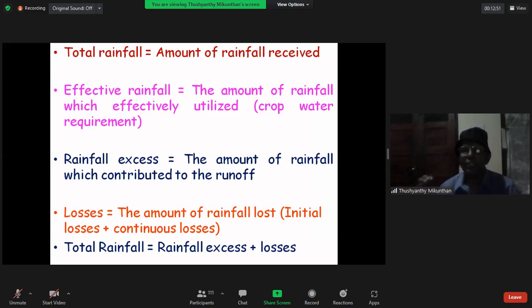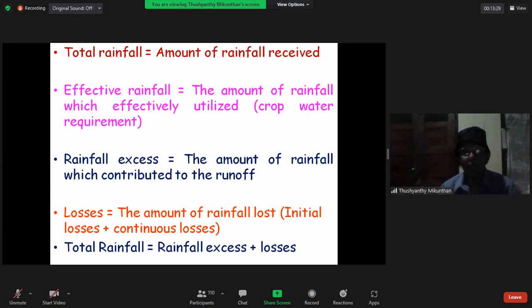Effective rainfall means the amount of rainfall which is effectively utilized. Then rainfall excess is equal to the amount of rainfall which contributes to the runoff. So total rainfall is equal to effective rainfall plus rainfall excess.